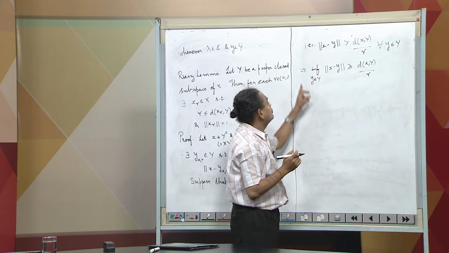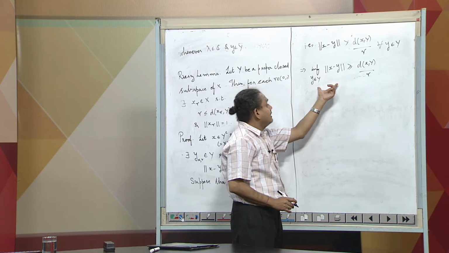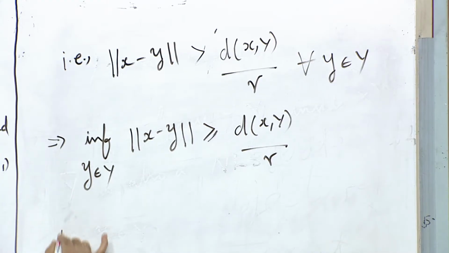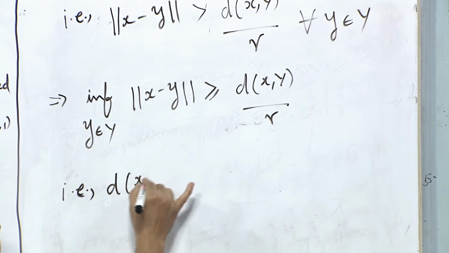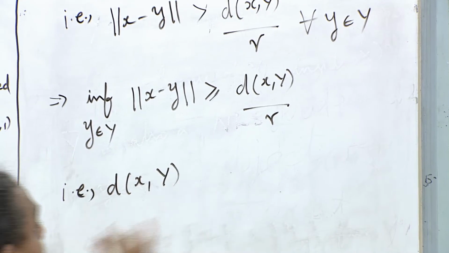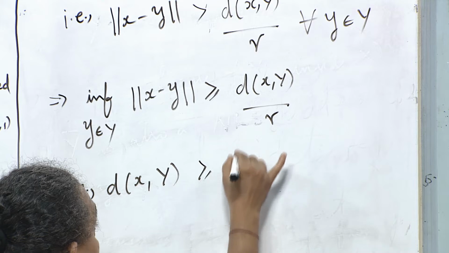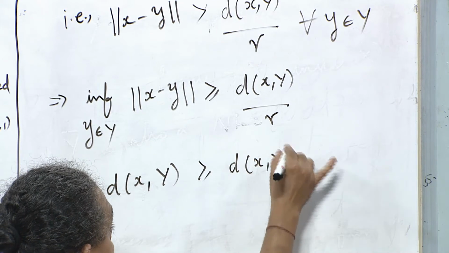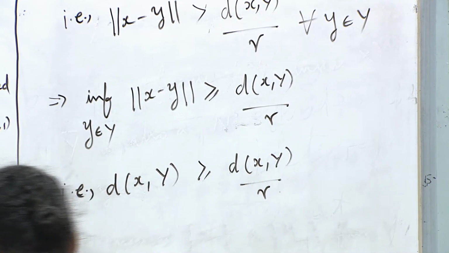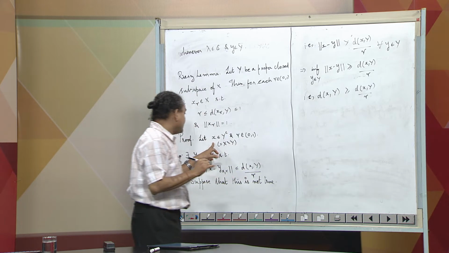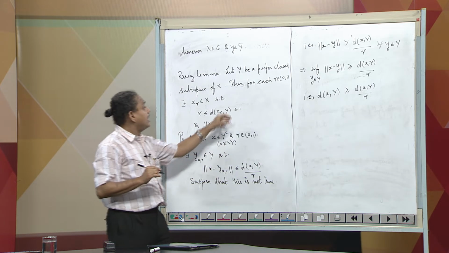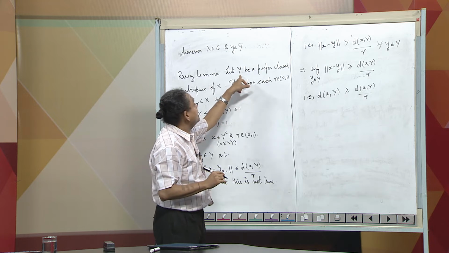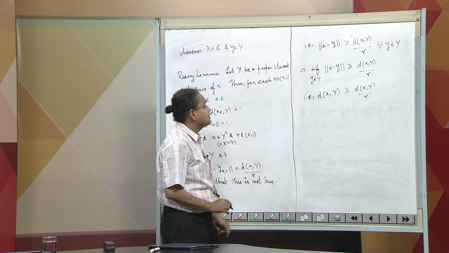But whatever we have on the left hand side is the distance between x and Y. Our choice of x is from the complement of Y, and our assumption about Y is that it is a proper closed subspace.